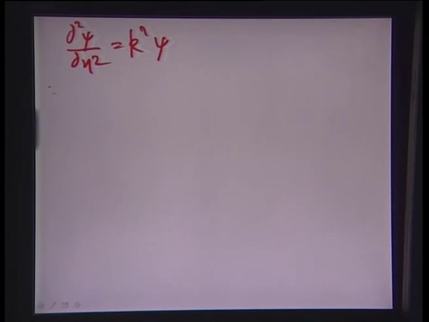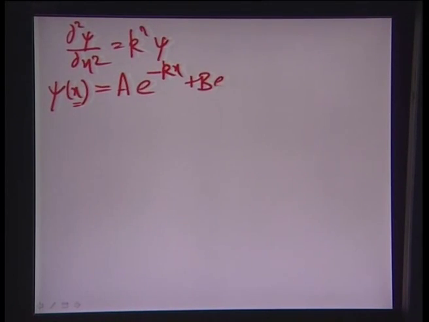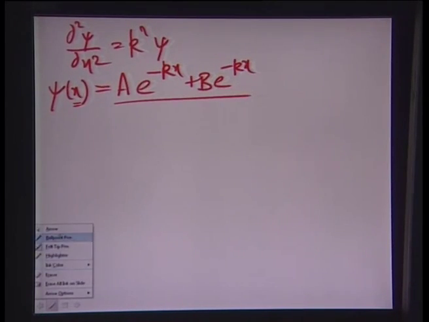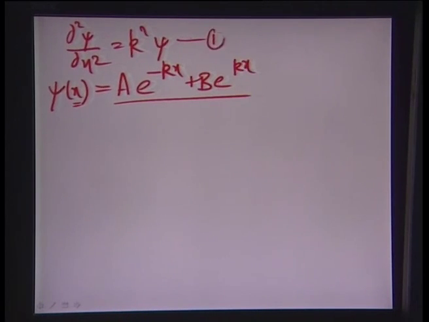The general solution for this kind of an equation can be represented as xi of x, mind you, xi, the potential drop, is only in one direction, that is perpendicular to the electrode, is a e to the power of minus kx plus b e to the power of plus kx. So, this is what a general solution of this differential equation 1 would be looking like.